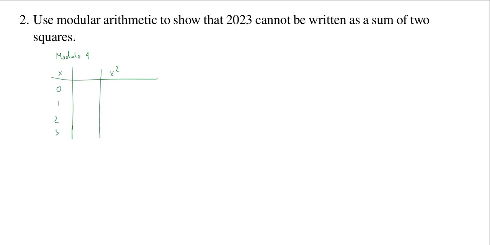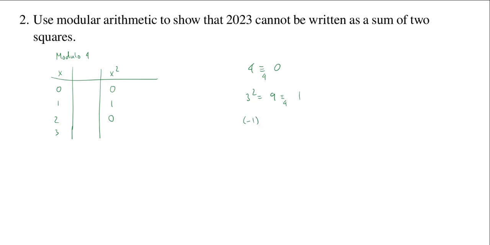X squared modulo 4, well, let's see, 0 squared is 0. Mod 4, we can keep it as 0. 1 squared is 1. 2 squared is 4, but 4 is congruent to 0 modulo 4. Just subtract 4 from 4, you get 0. 3 squared, well, there's a couple ways I could see this. 3 squared is equal to 9, and then if I subtract 2 copies of 4, I get 1.